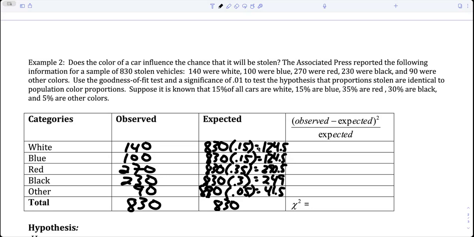For each category, take the observed count, subtract the expected count, square that to get rid of the negatives, and then divide it by the expected count. So for the first one, I got 140 minus 124.5, and then we square that, and then we're going to divide that by 124.5. So do that on your calculator real quick.